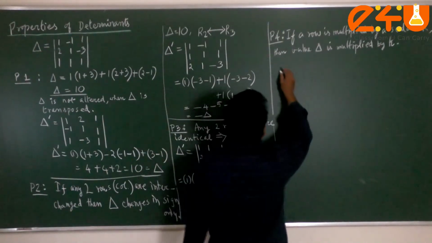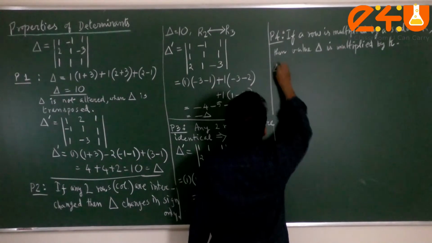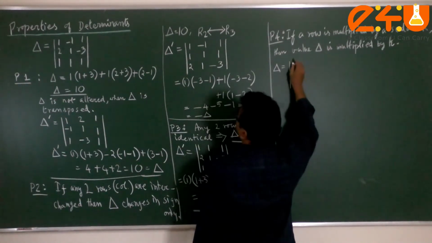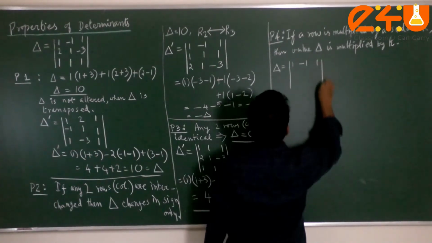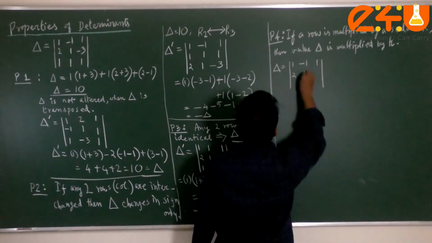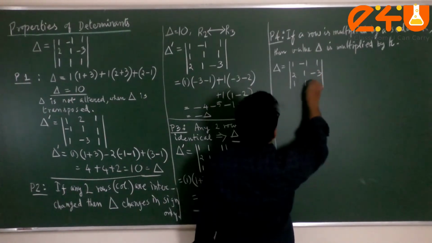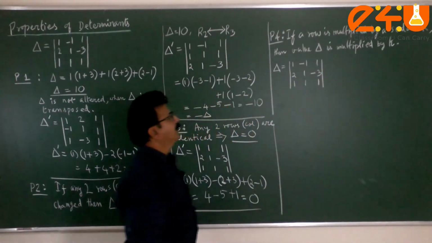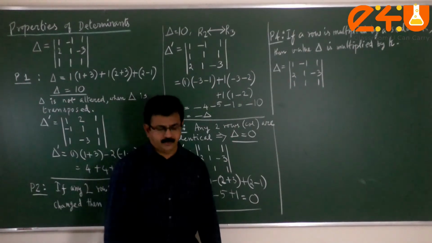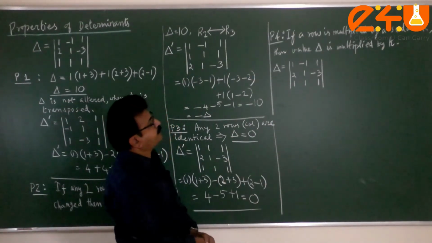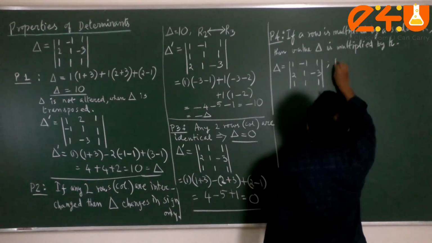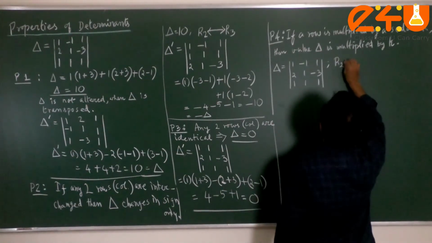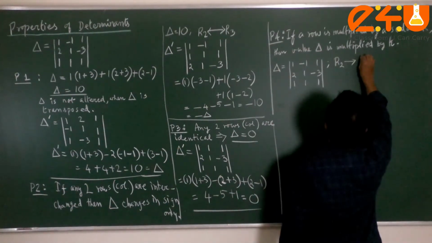Well, let us do it. Consider the given delta, row 1 having 1, minus 1, 1. Second row 2, 1 and minus 3. Third row having 1, 1 and 1. Let me multiply, say, row 2 by 2.